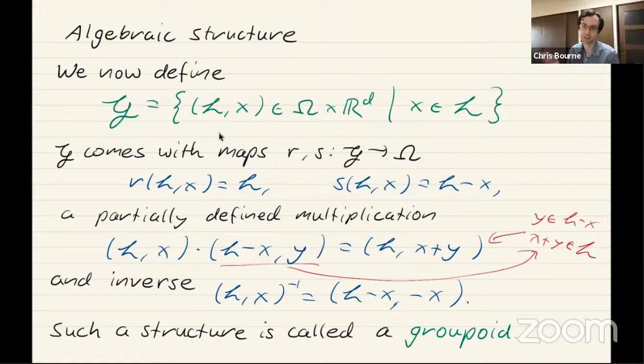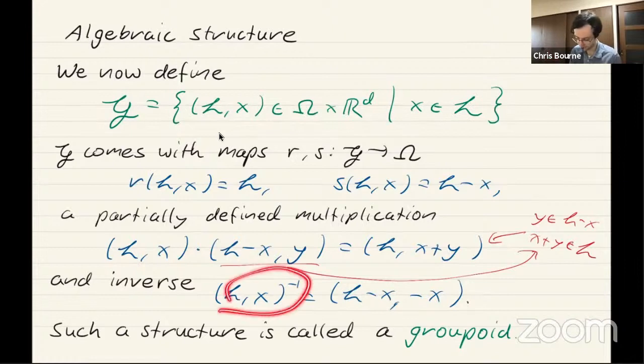So I have a basic notion of multiplication, or in this case more addition, if you like, but it's only partially defined. It needs to have this type of form where these two points line up. And also I can take an inverse.